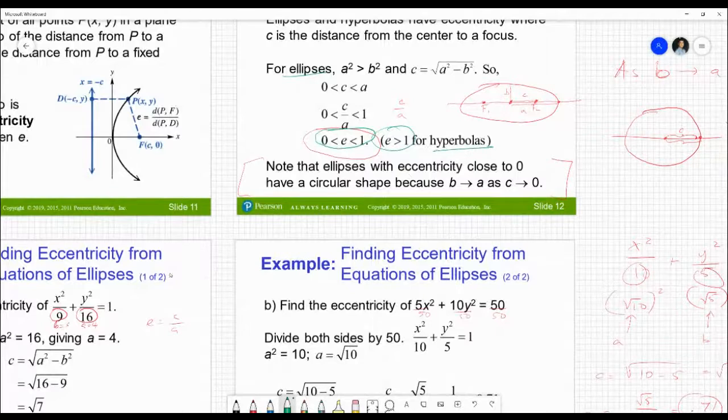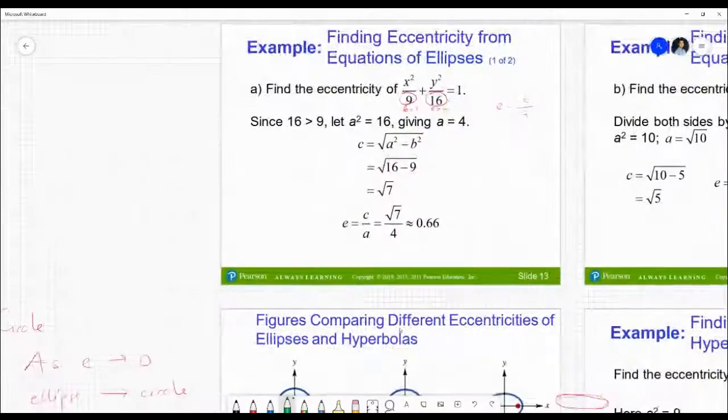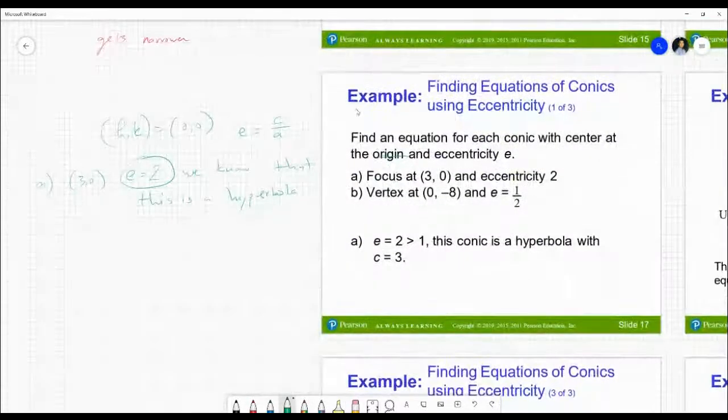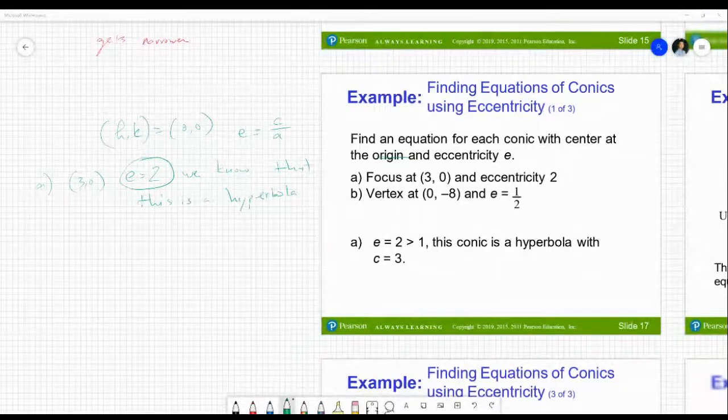This is always true. Okay, so let's draw it. This will help us. Let me copy in the graph.